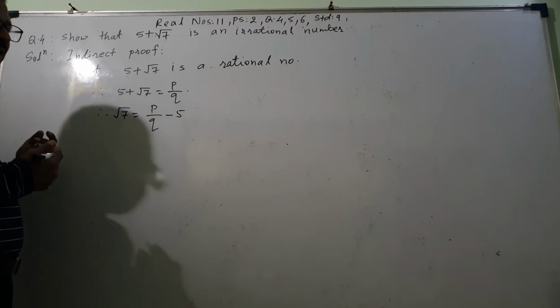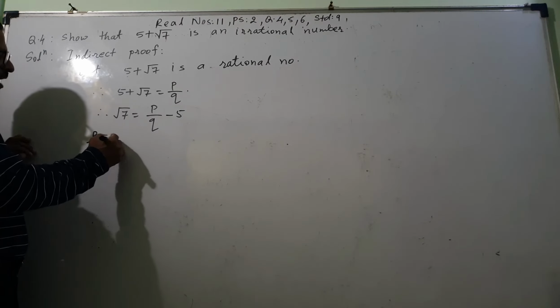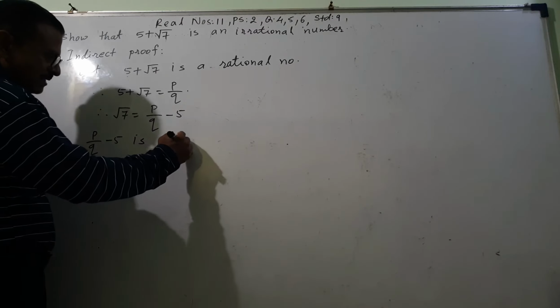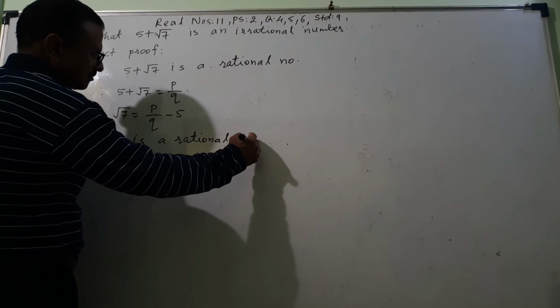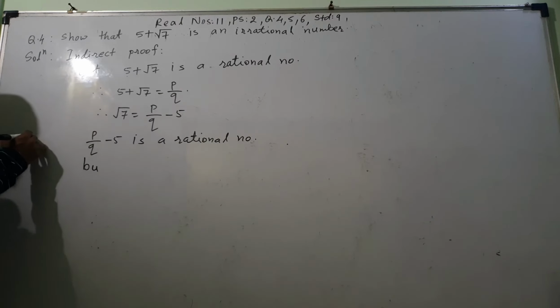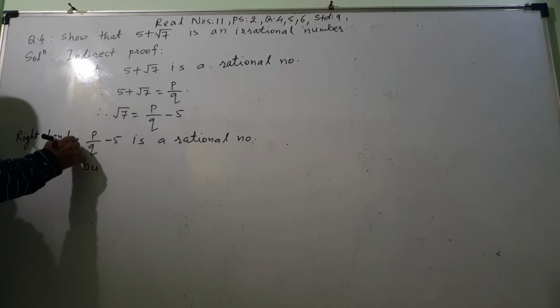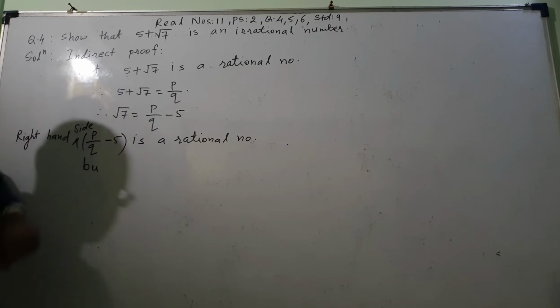So this contradicts our assumption. On the right hand side, p upon q minus 5, I will put the bracket like this, is a rational number.